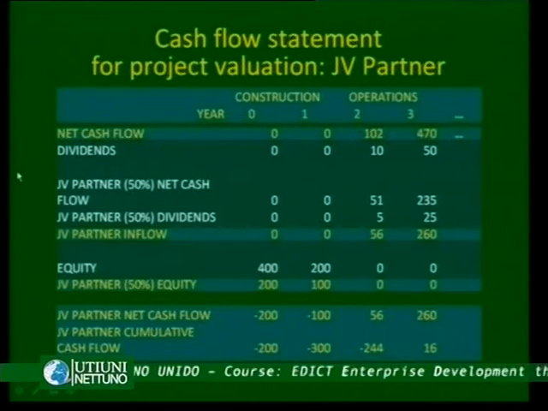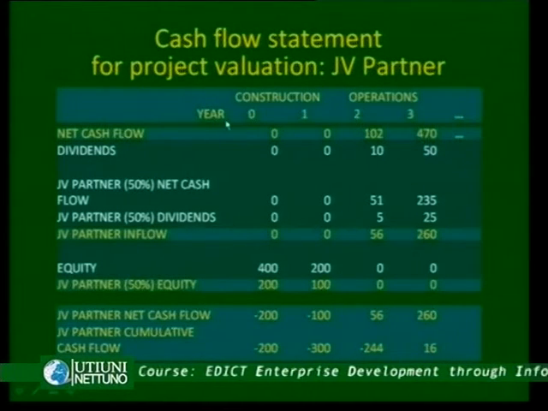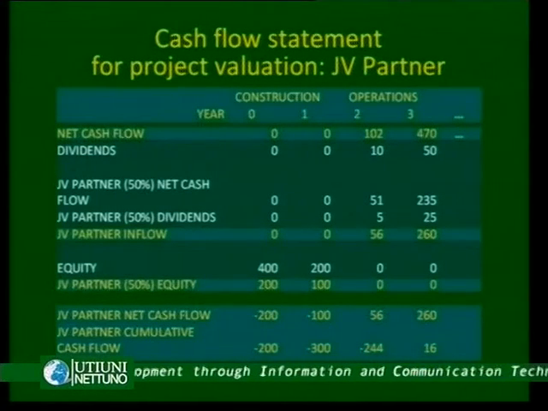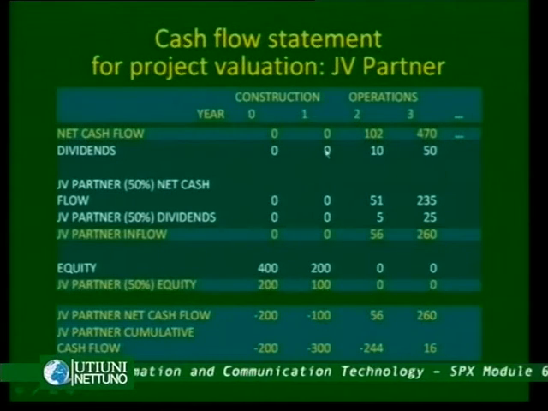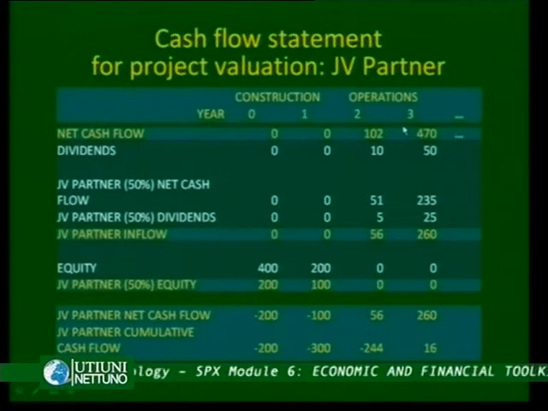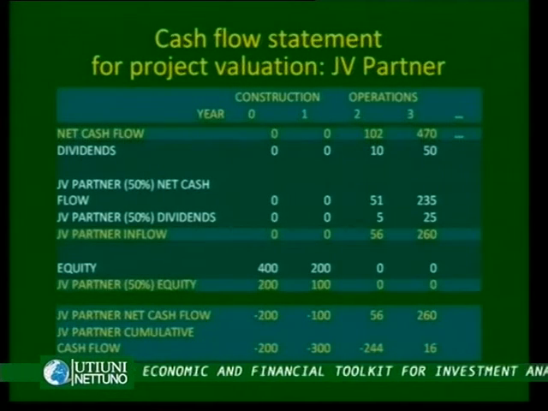Then we look at the dividends that the project is expected to distribute to all the shareholders, so not only the joint venture partner we are analyzing at this moment. So these dividends are equal to 0 in the construction phase, and are equal to 10 in year 2 and 50 in year 3.